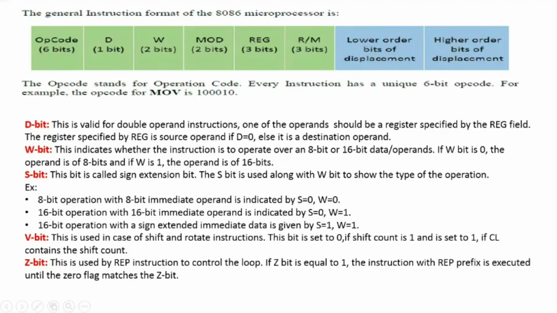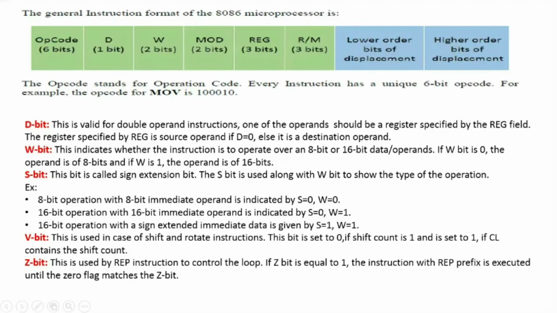Now the Z bit is used by the repeat instruction to control the loop. If the Z bit is equal to 1, the instruction with the REP prefix is executed until the zero flag matches the Z bit. When is the zero flag set? When the operation results in 0. Correct, that is when the zero flag is set. So it is going to match with that zero flag, and if the Z bit is equal to 1, the instruction with the repeat prefix is executed.